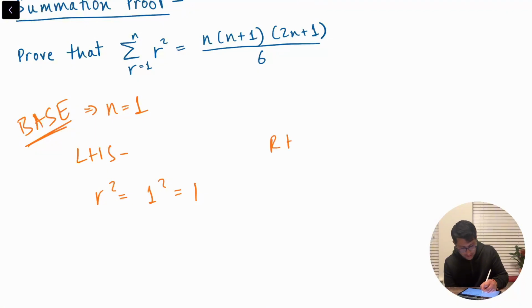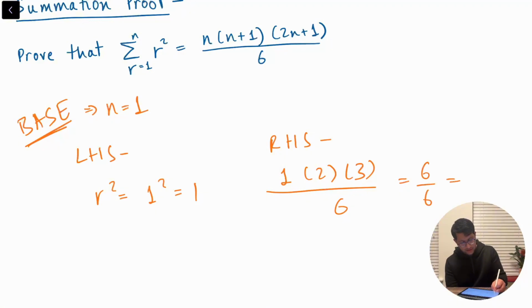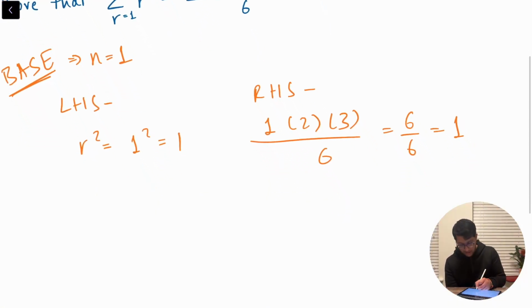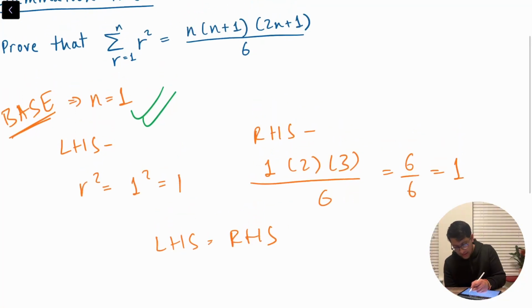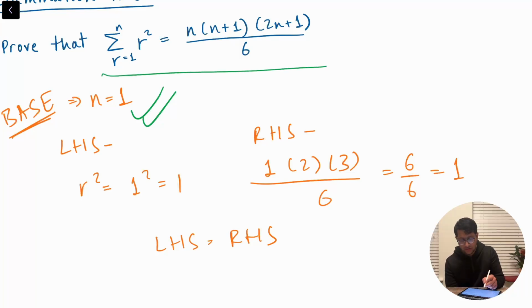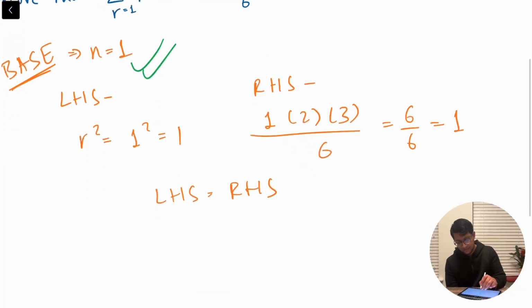And our right-hand side is 1 times 2 times (2 plus 1), which is 3, over 6, which is 6 over 6, which is just 1. So as you can see, LHS equals RHS. Therefore, we've proven it is true for the base case, n equals 1. So when n equals 1, the left-hand side equals the right-hand side, hence this equation works, at least for the base case for now.